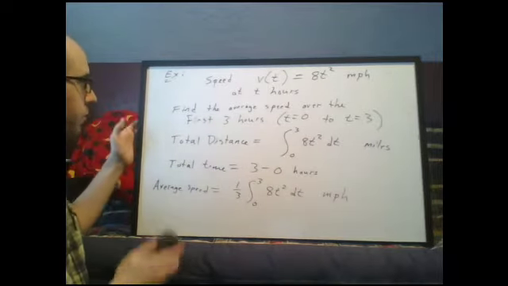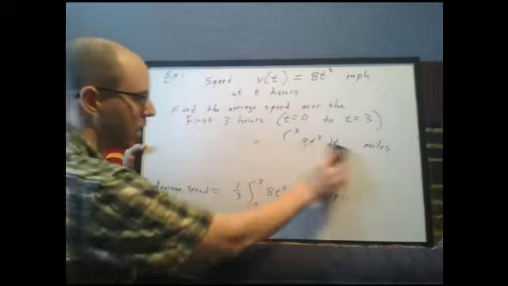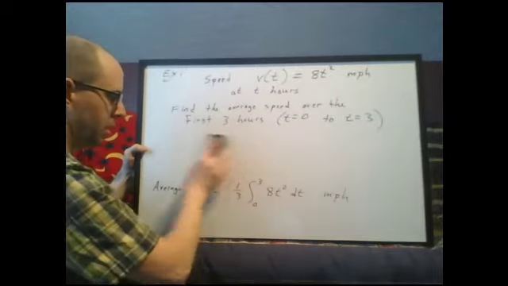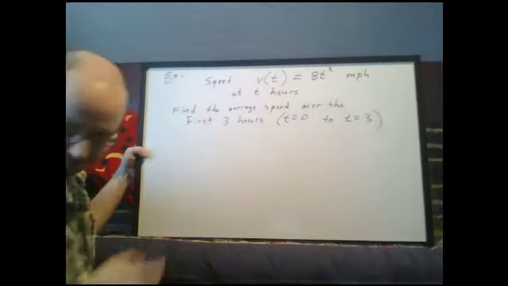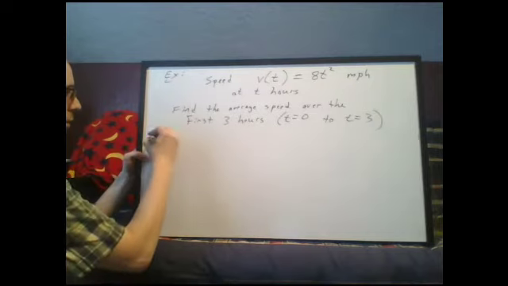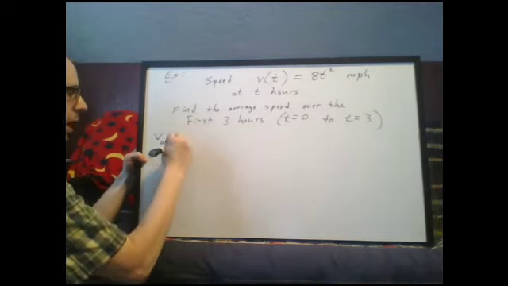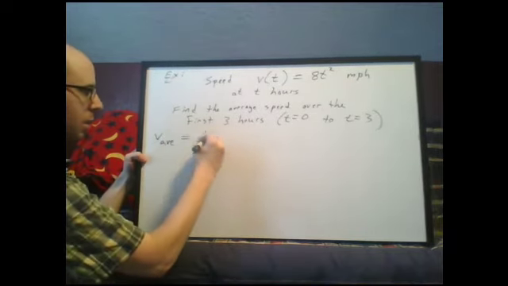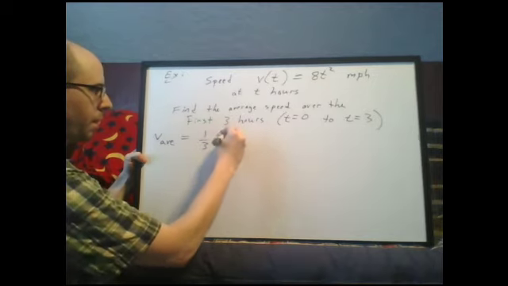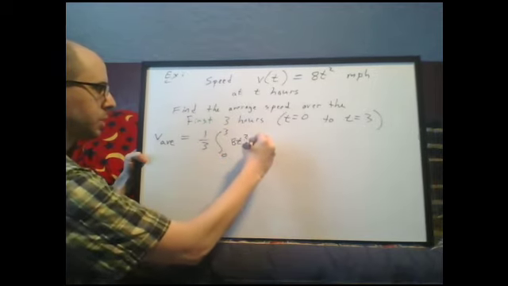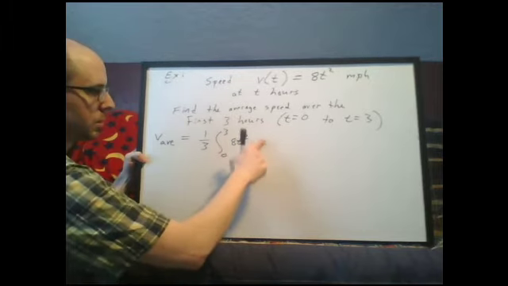Alright, so that's figured out now. I'm going to recopy that. So V average, my average velocity would be the answer to this problem, dt.